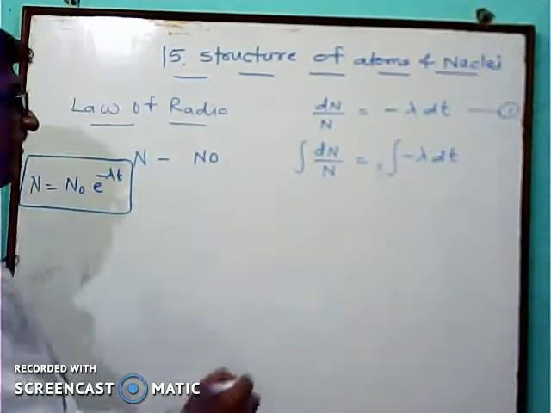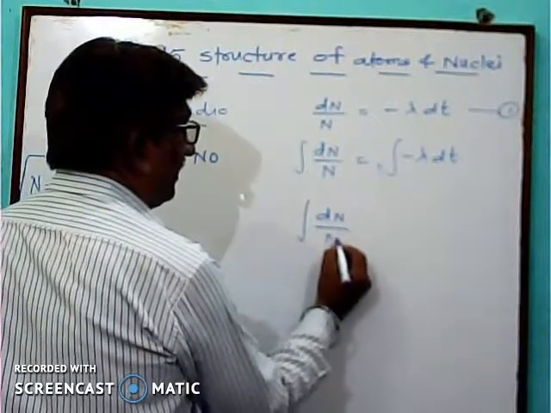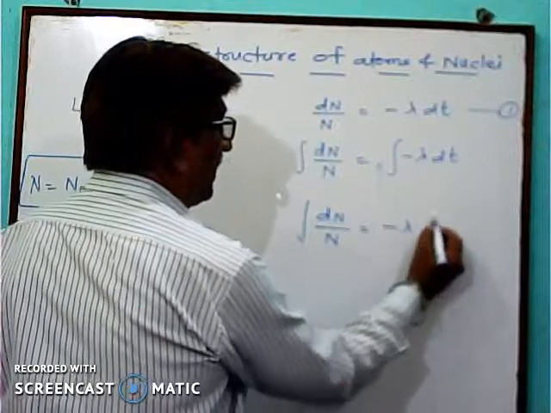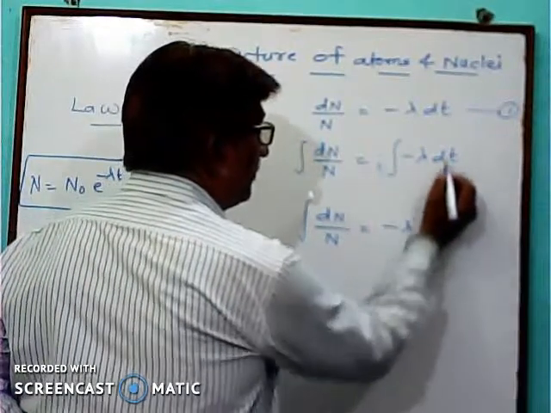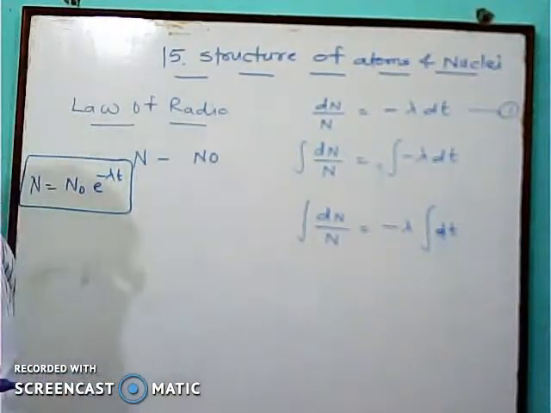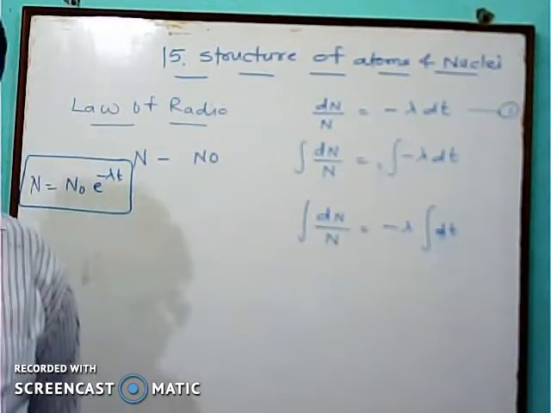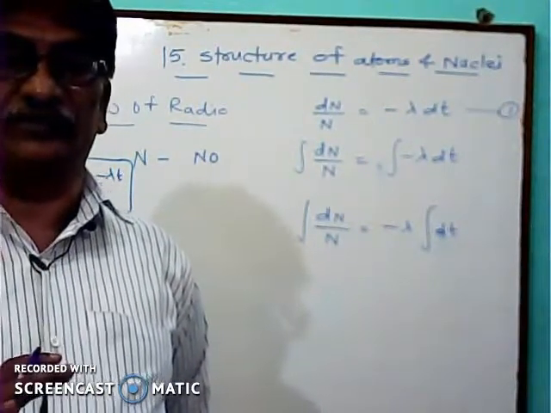Another way we can write it is integration of dN upon N is equal to minus lambda times integration of dt. Why is minus lambda taken out of the integration? Because lambda is a constant, called the decay constant.